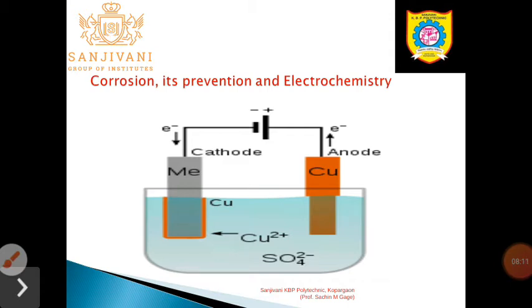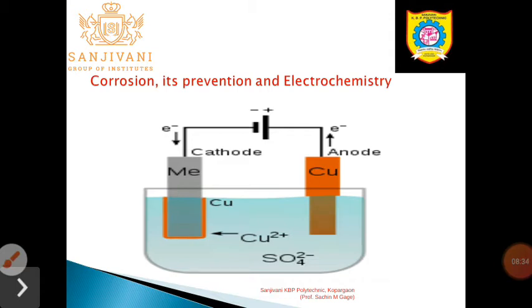Here copper sulfate is the electrolyte. The copper electrodes are immersed in the electrolyte and connected to the terminals of the battery. One is connected to the negative and the second to the positive terminal. So the first electrode is your cathode, connected to the negative, and the second is your anode, connected to the positive terminal of the battery.